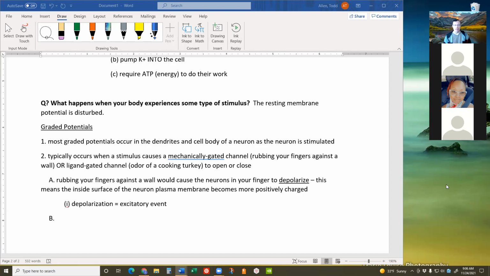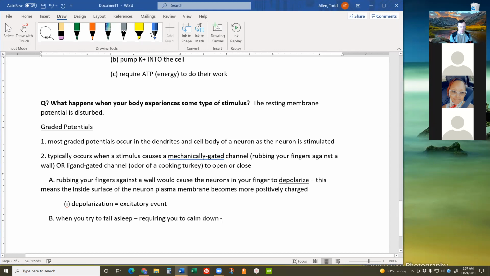So in such a case, we have the opposite of depolarization happening. When you try to fall asleep, requiring you to calm down, then some neurons will hyperpolarize. They will hyperpolarize, and hyperpolarize means that the inside surface of the membrane becomes even more negatively charged than it was at rest.